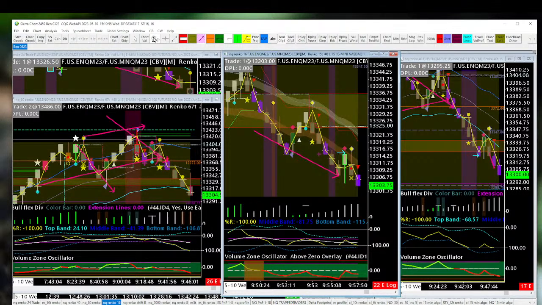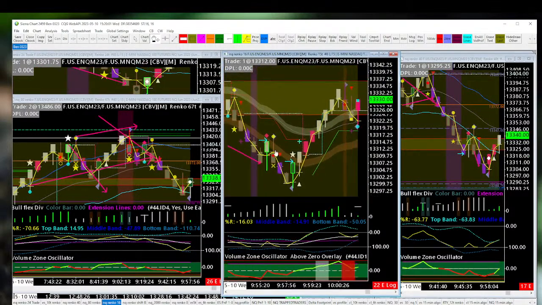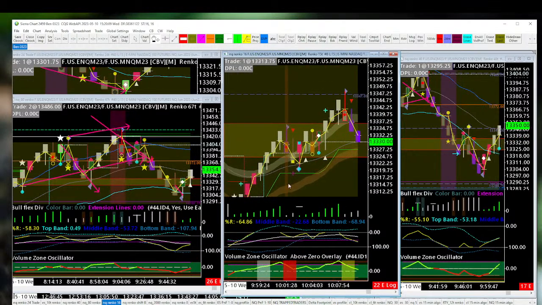You'd be out at your target, right, of the majority. And then if you want to hold one in case it crashes, sure, but that's where the target says to put it. And then you get triggered in here for a reversal, believe it or not. And you could literally ride the whole thing another bit if you wanted to. So that's what the potential of this setup is, really strong.